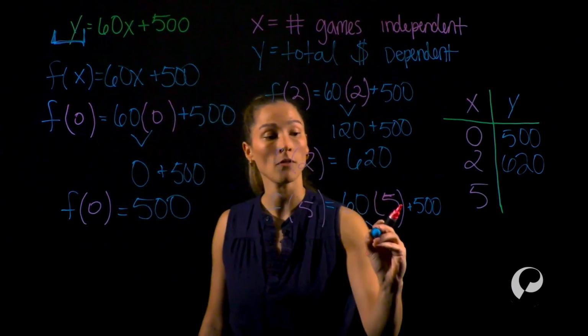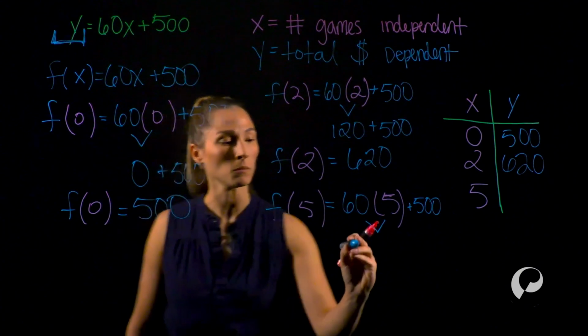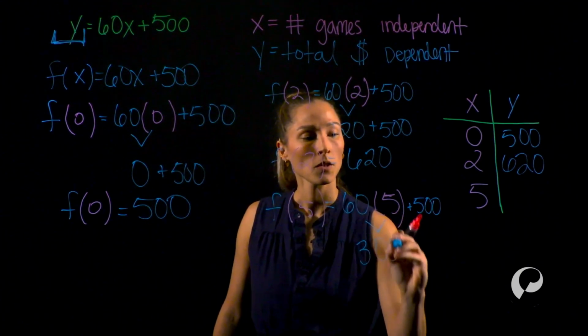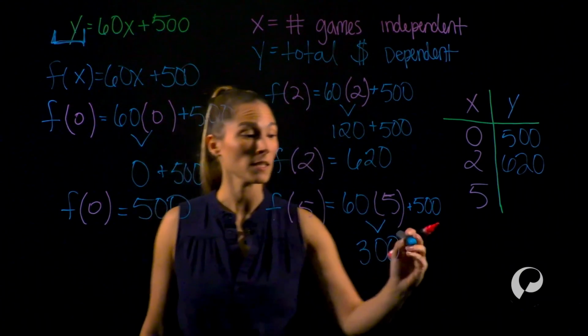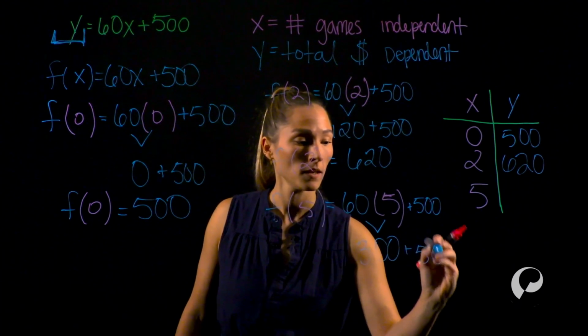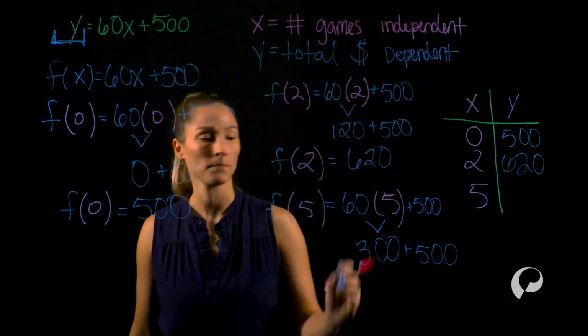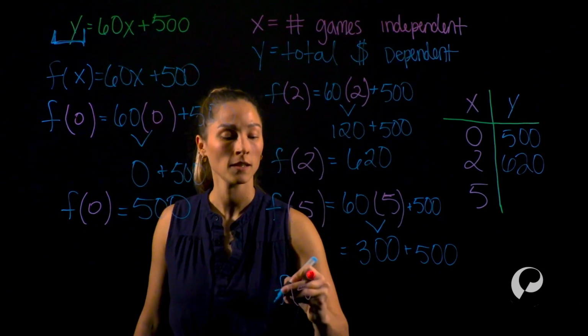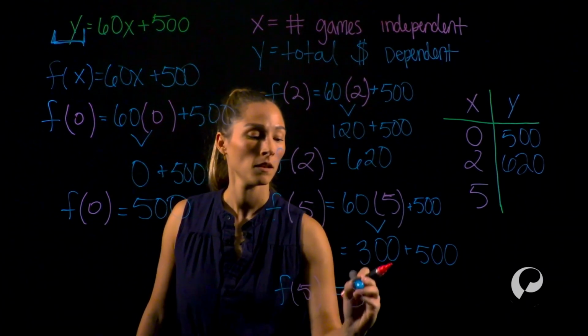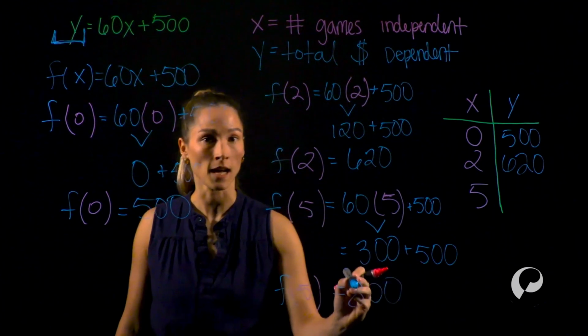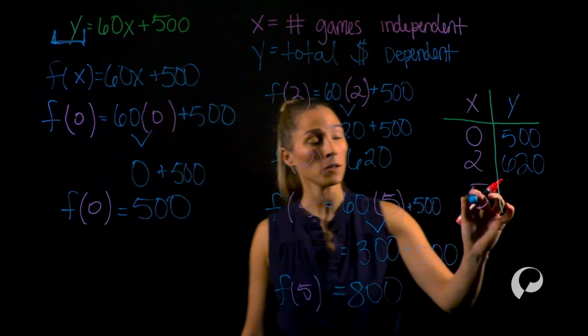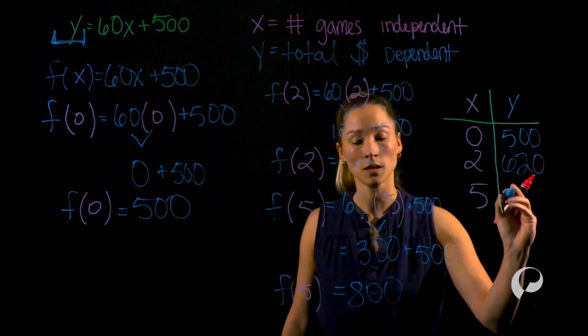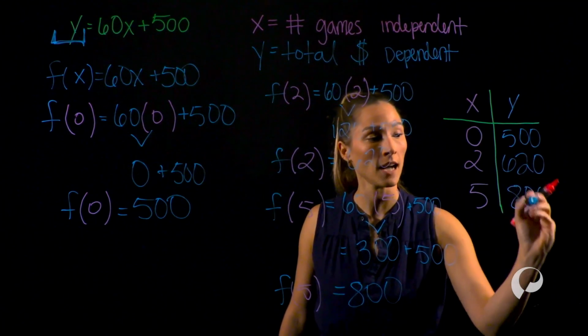So the cost of 5 video games will be $300 plus the amount that you spend for that gaming system. F of 5 equals $800. So the input of 5 games will give you the cost of $800.